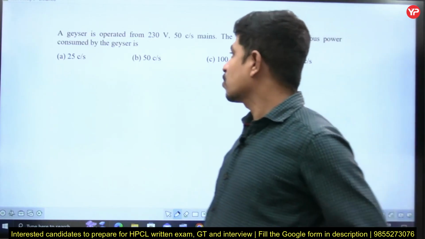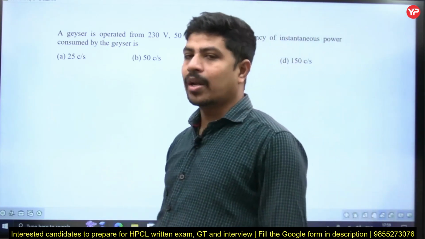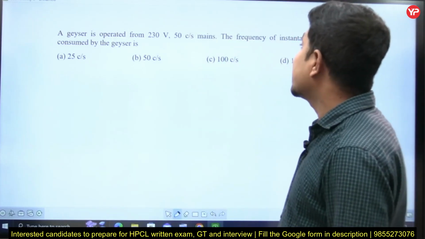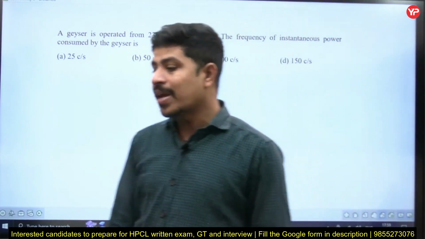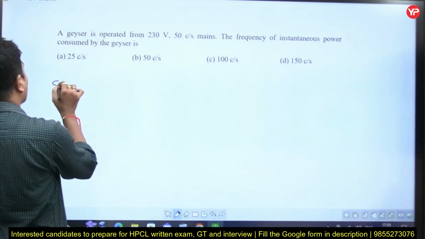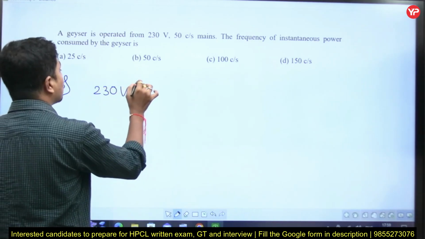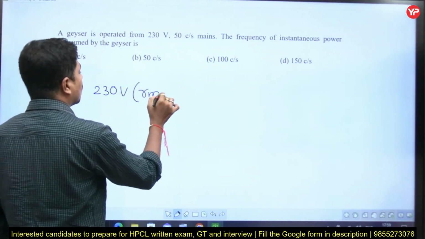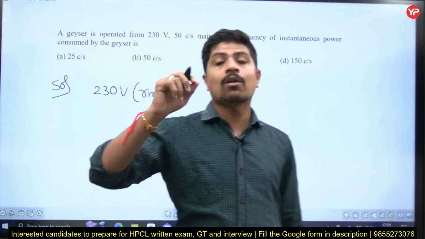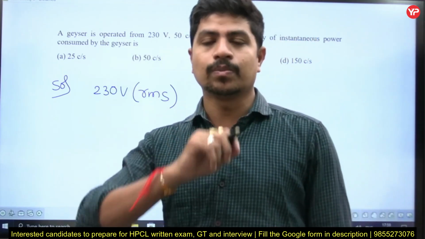A geyser, meaning water heater, is operated from 230 volts, 50 cycles per second. C by S is cycles per second. I am writing the given data. 230 volts is the RMS value of voltage. He did not mention it as RMS value, but if not mentioned, by default the given voltage is taken as RMS value.